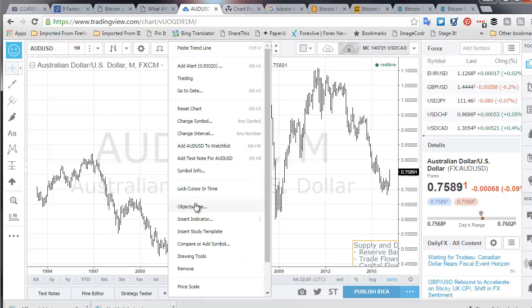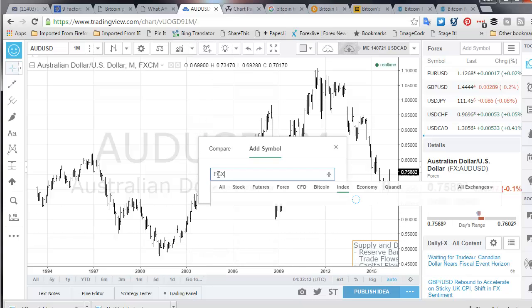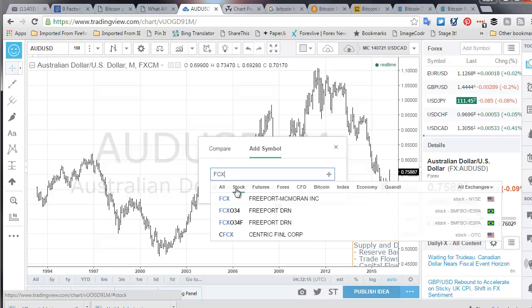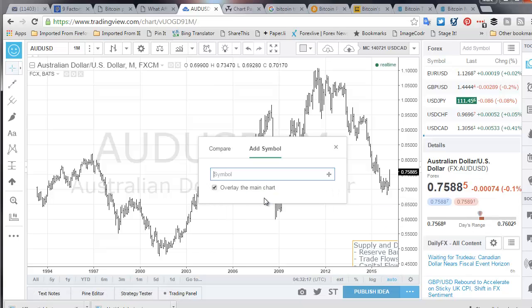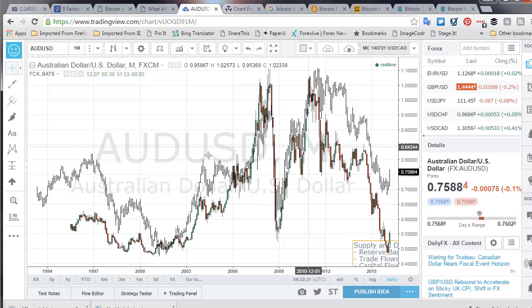Now I'm going to put onto the chart and compare it. Let's think about other metals. For this one, I've chosen as a proxy for the copper price the stock price of Freeport-McMoRan, which is a large American producer of copper, and its price should pretty well mirror the copper price.